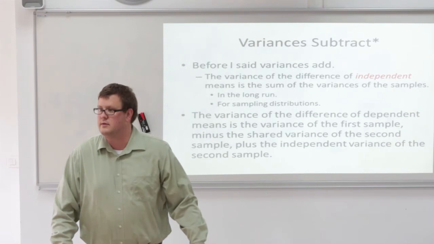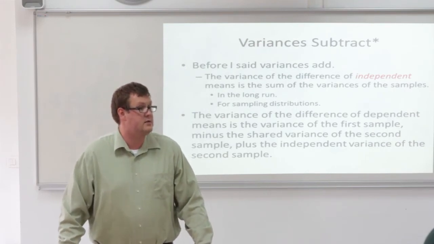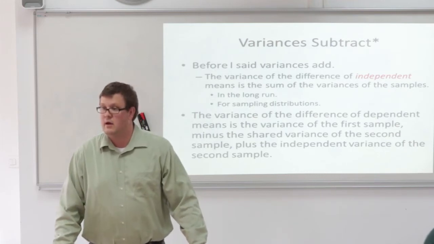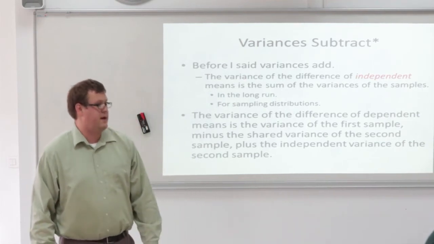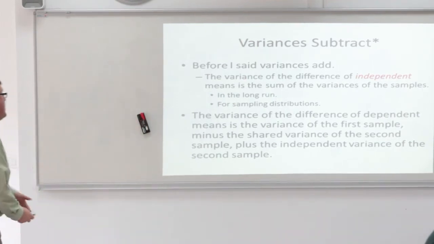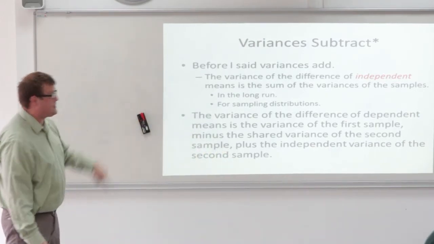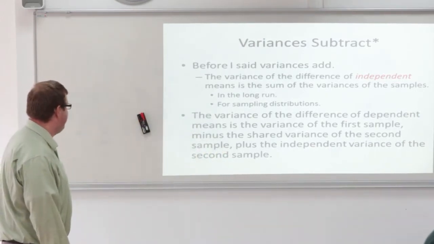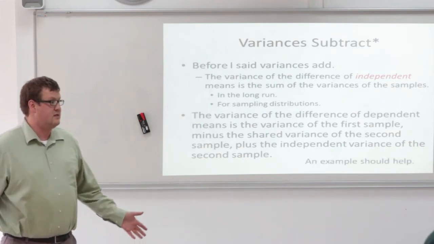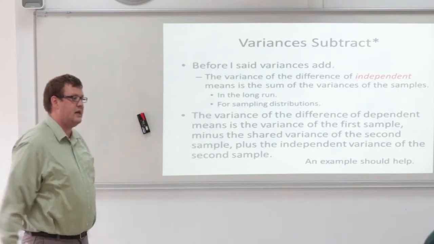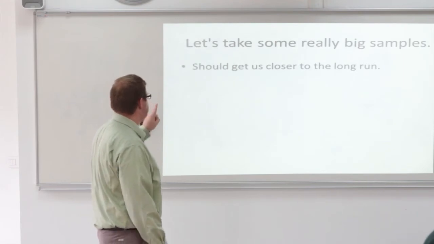That's shared variance. So we should have a lot of shared variance in our paired sample, and not very much shared variance in our independent sample. Okay, so it's the variance of the first minus the shared variance of the second plus the independent variance of the second. An example using huge sample sizes to allow the law of large numbers to kick into gear should be helpful.